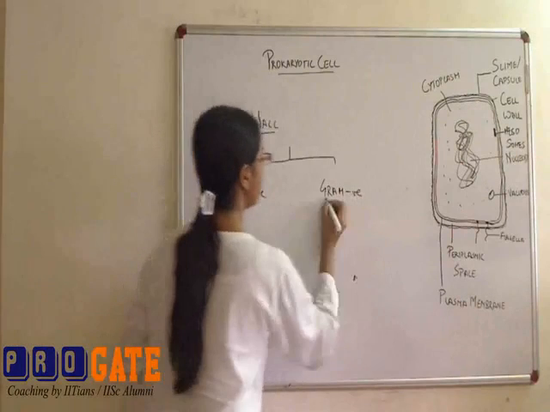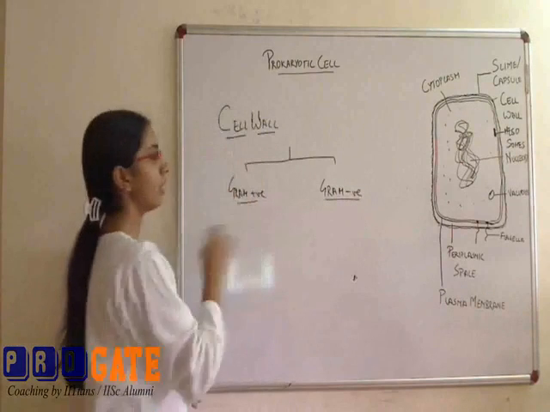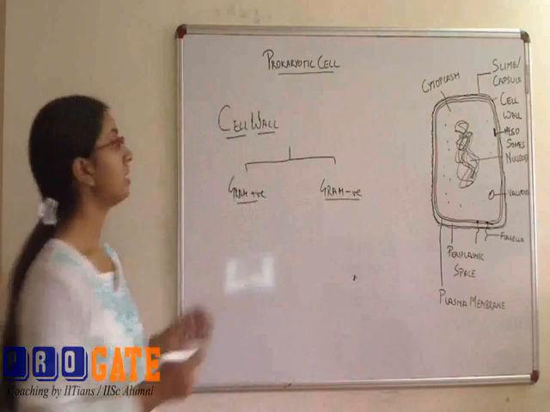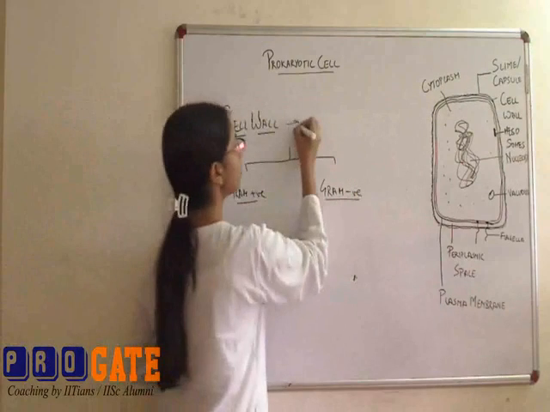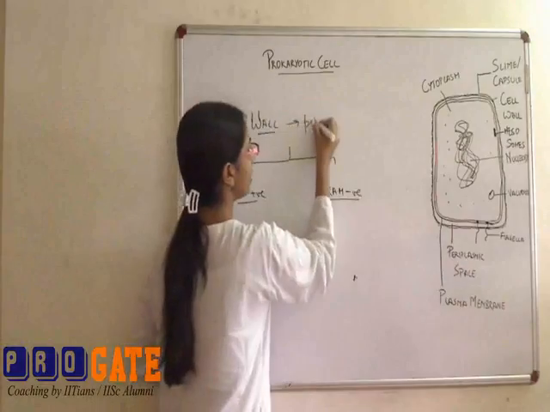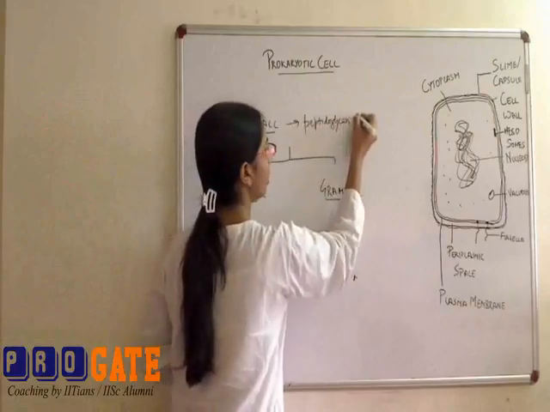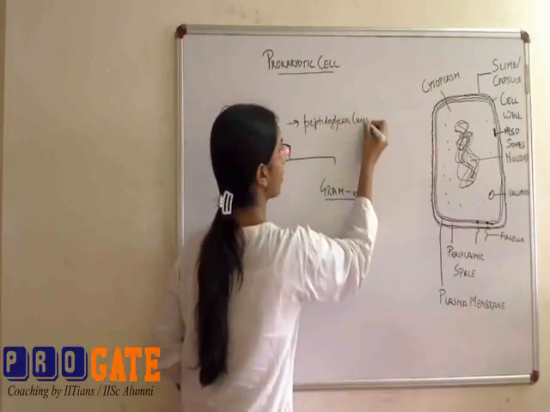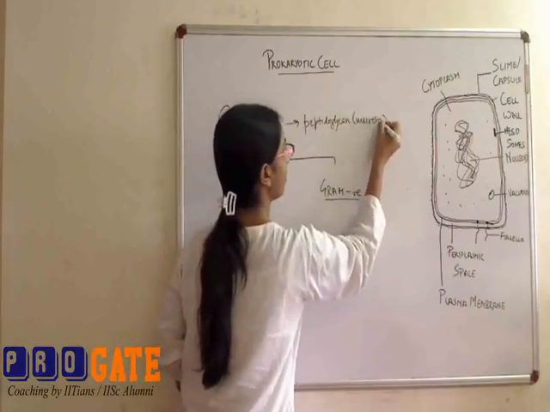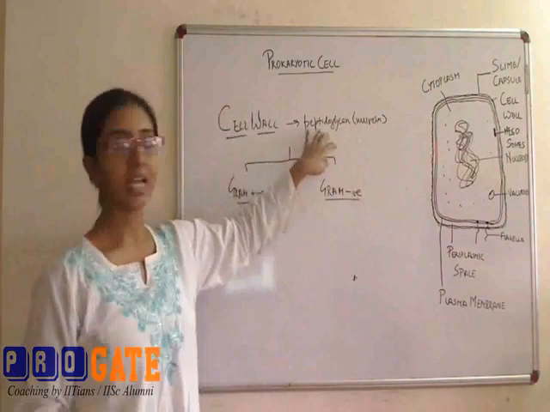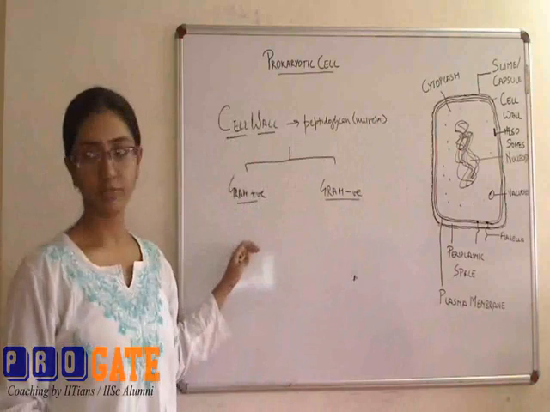Apart from the differences, there are certain common moieties that are present. The cell wall basically consists of the peptidoglycan units, or the murein, which provides the shape. So this peptidoglycan actually differs in these two kinds of bacteria.